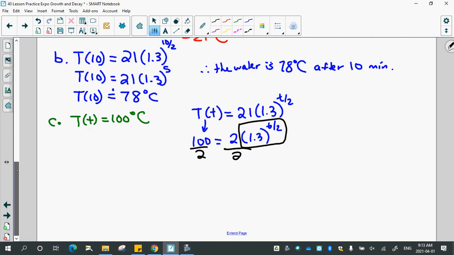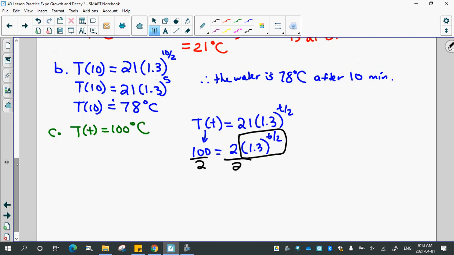Yeah, why is it 21? 21, sorry, because I didn't write the 1 down. Thanks, guys. All right, so 100 divided by 21, that's going to be approximate here. So 4.7619 is approximately equal to 1.3 to the T over 2.